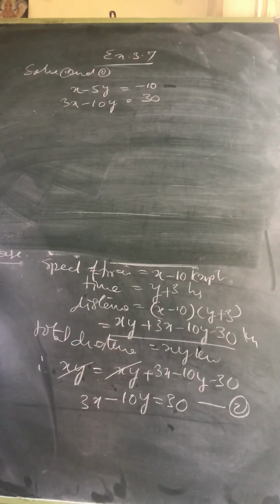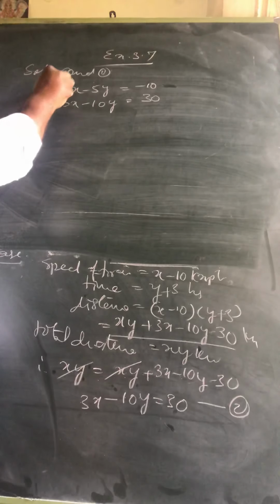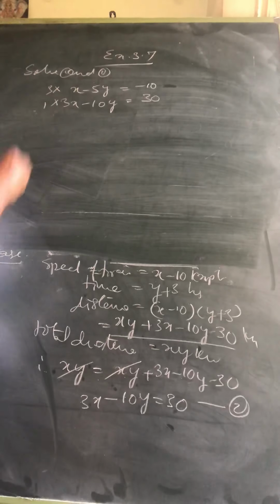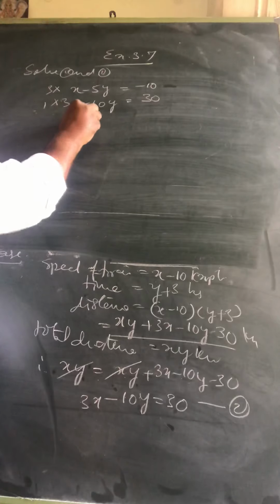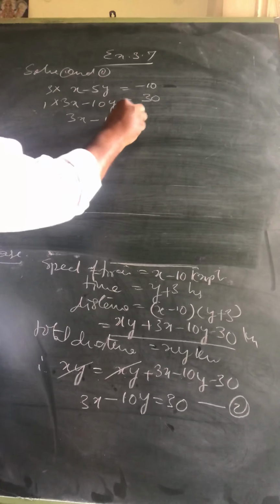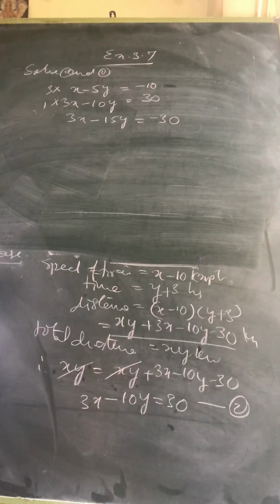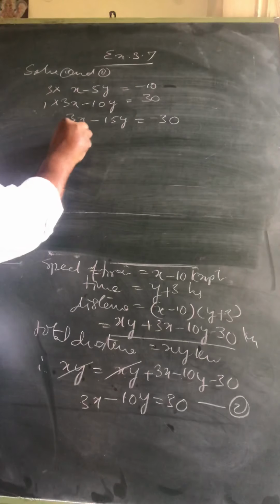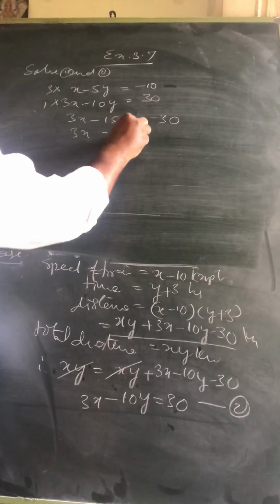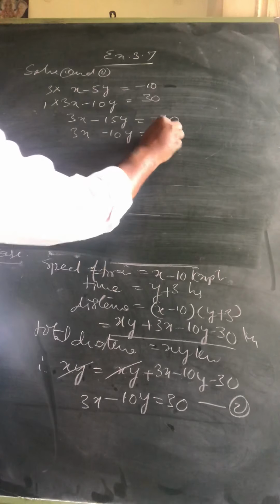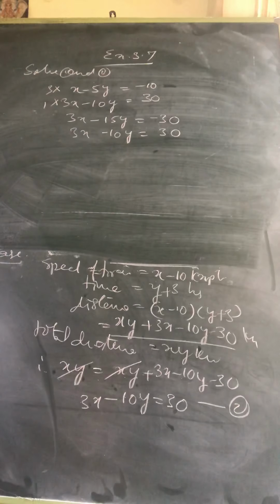Now to solve it, make any one of the terms equal. Multiply equation 1 by 3. Now 3x minus 15y is equal to minus 30. And 3x minus 10y is equal to 30. Have you got it?